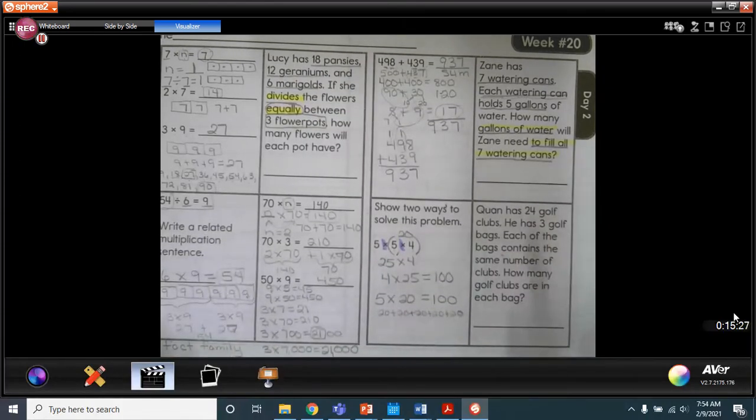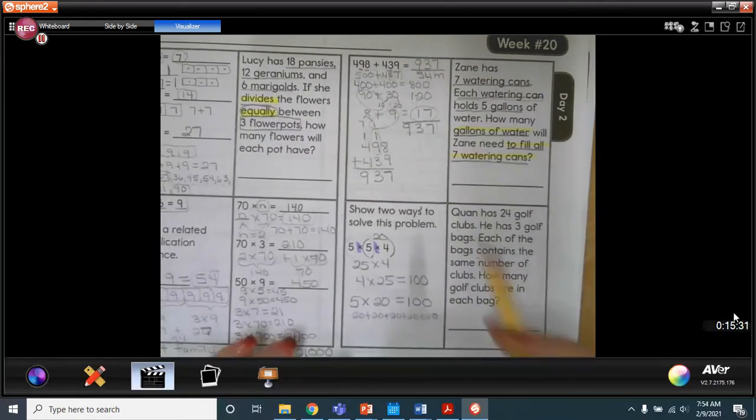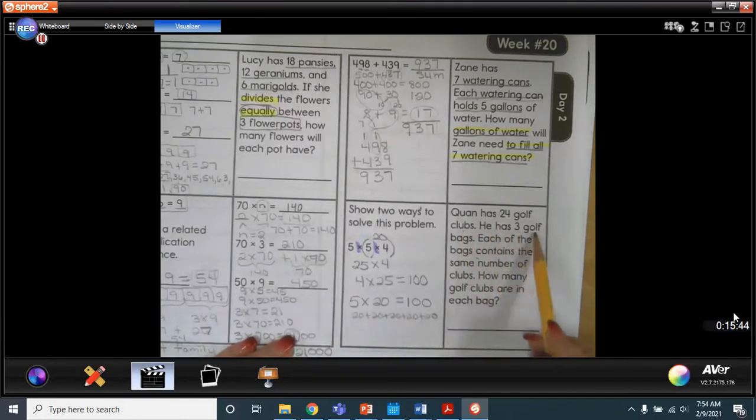All right, let's take a look at our last story problem, or word problem. It says Quain has 24 golf clubs, so it sounds like we know the number of golf clubs that he has. He has 3 golf bags. Okay, the bags sound like groups. Each of the bags contains the same number of clubs.